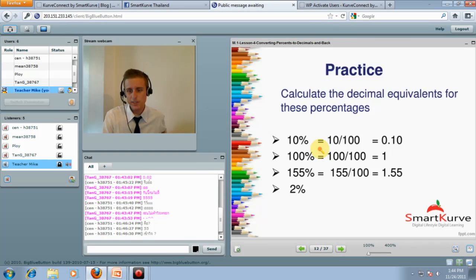These are the answers. There we go. Now you can see the work. 10% equals 10 over 100. 100% is 100 over 100. 155 is 155 over 100. 2 is 2 over 100. The way that we just went over was if you just wanted to move the decimal points and not do the fraction. That is the other way you could have solved these.